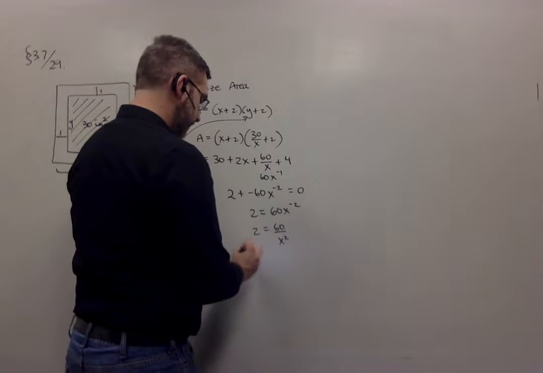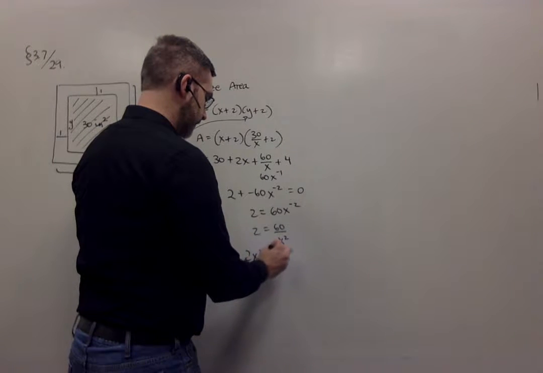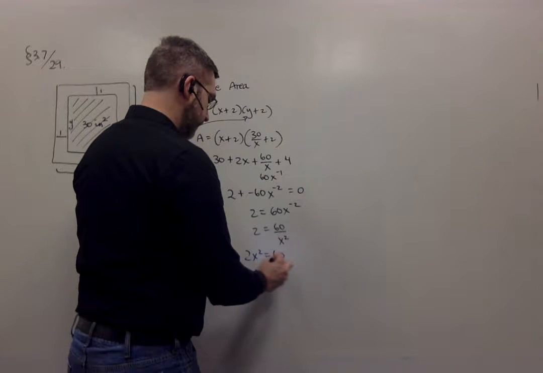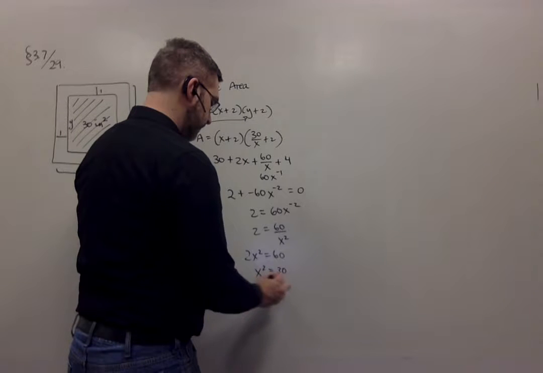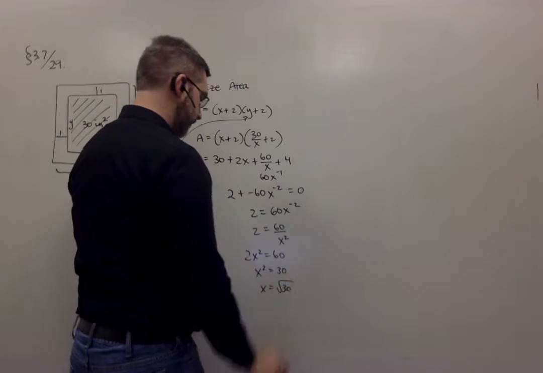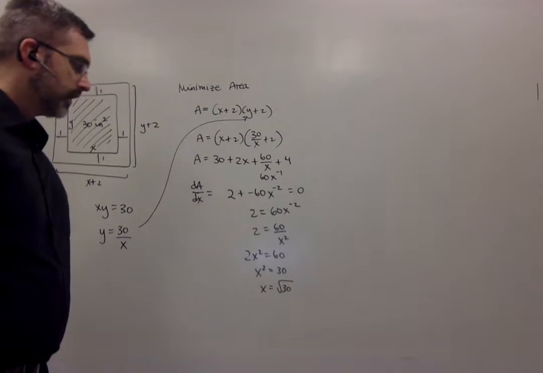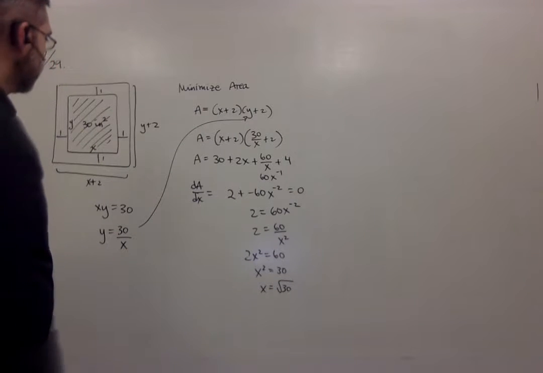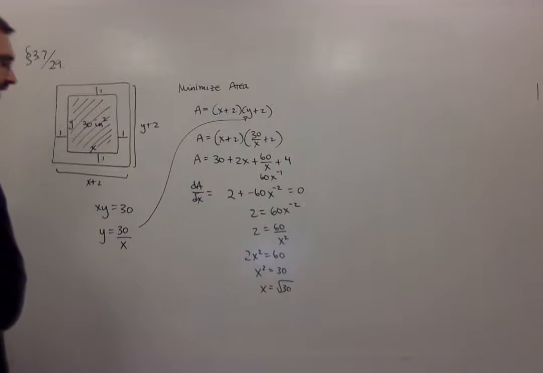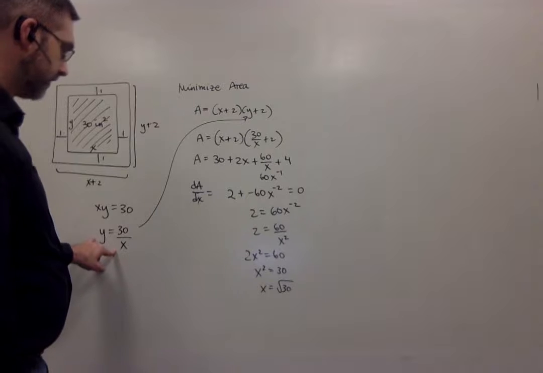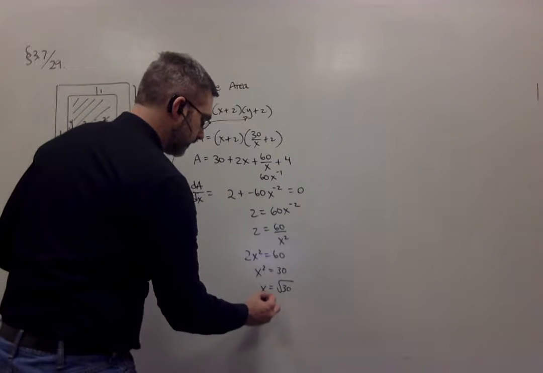Let's put the x squared over here. X squared is going to give me 30. X is going to be the square root of 30. And so if X is the square root of 30, it turns out that Y is also going to be the square root of 30.